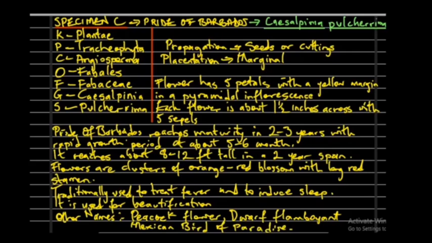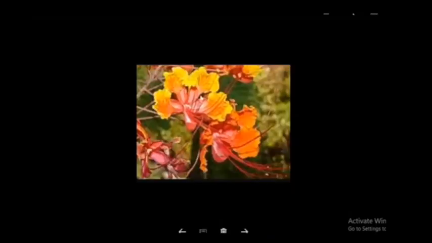So let me show you some pictures to actually help us drive home our points. So these are pictures showing what the pride of Barbados looks like. You can see here we have 1, 2, 3, 4, 5 petals. Let me make the picture clearer, bigger.